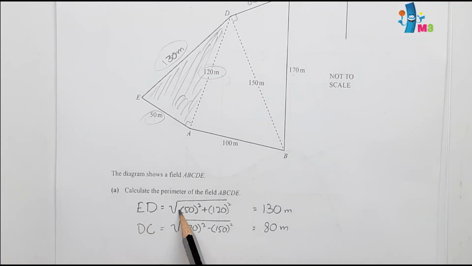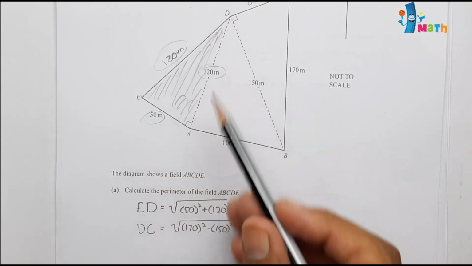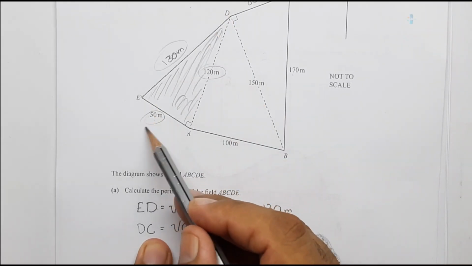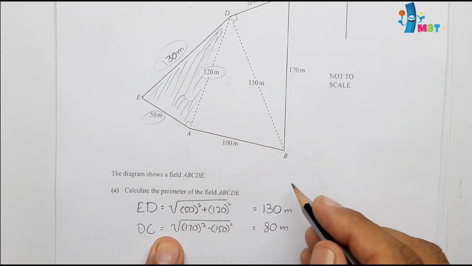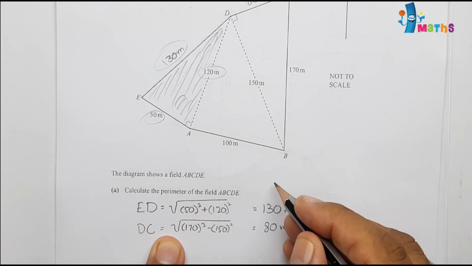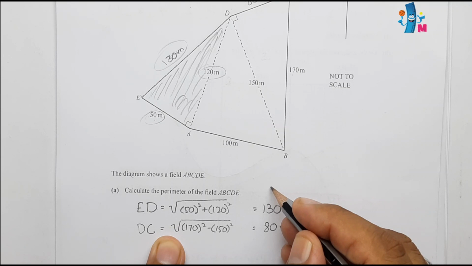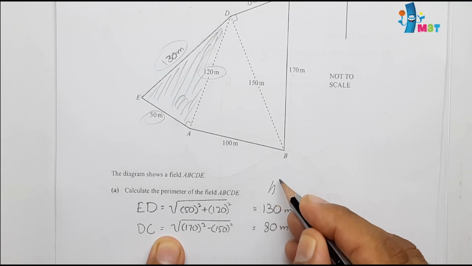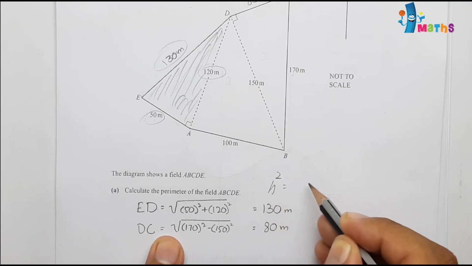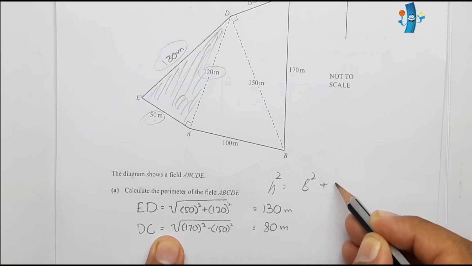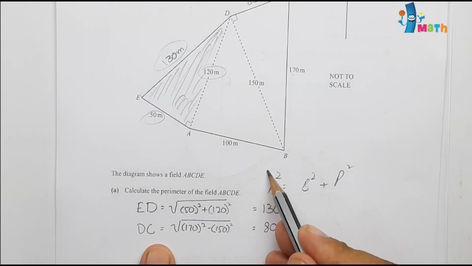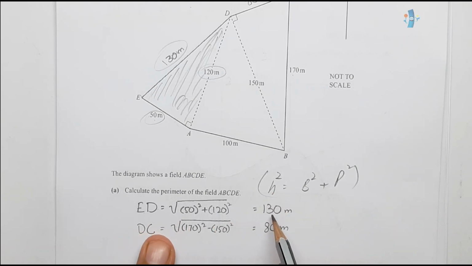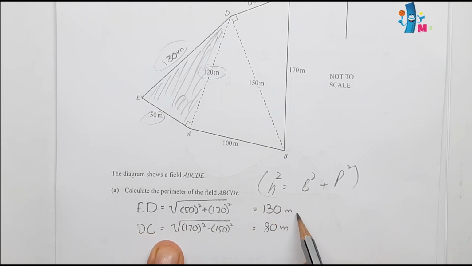So ED is equal to the square root of this side square plus this side square. The formula, if you want, I can write for you. For example, hypotenuse square is equal to base square plus perpendicular square. So you can use this formula and this one will get 130 meters.